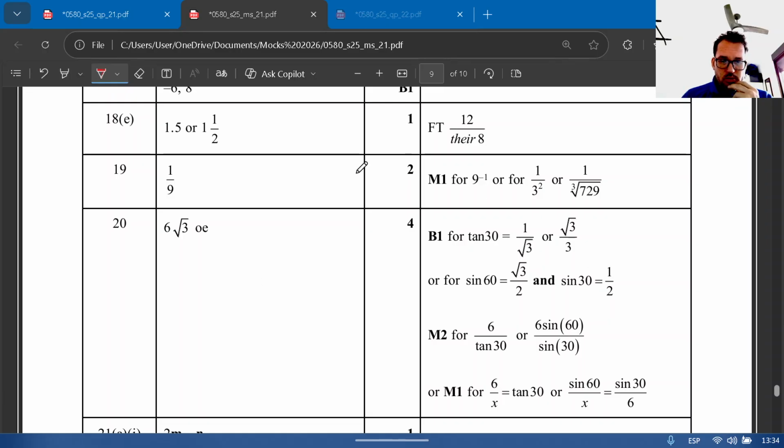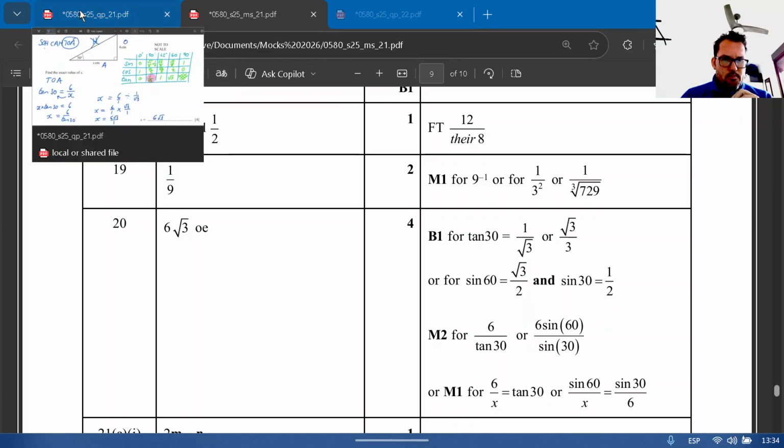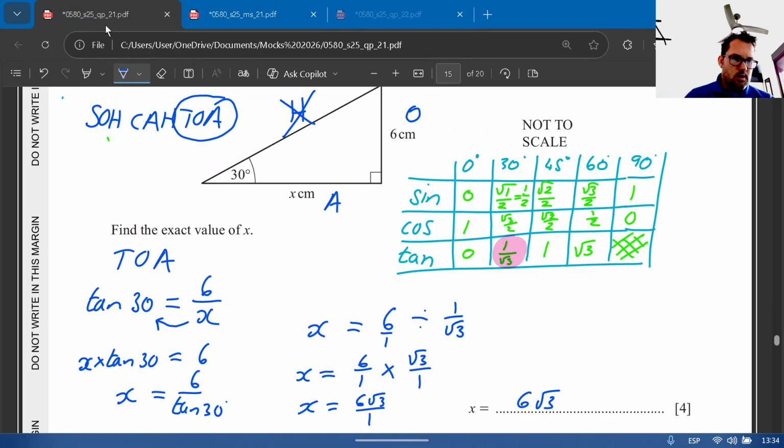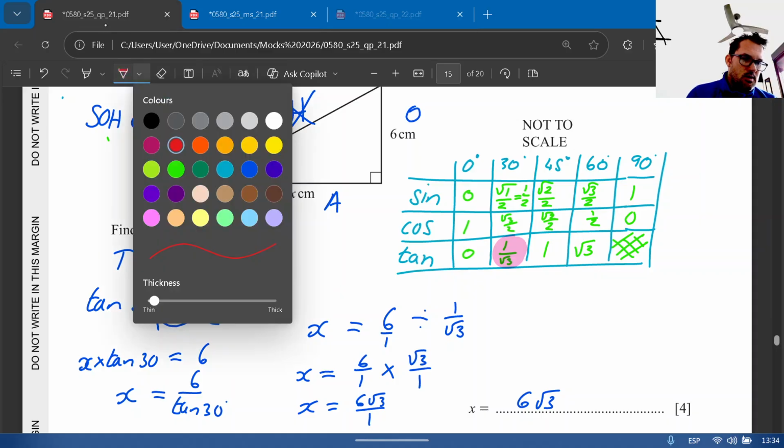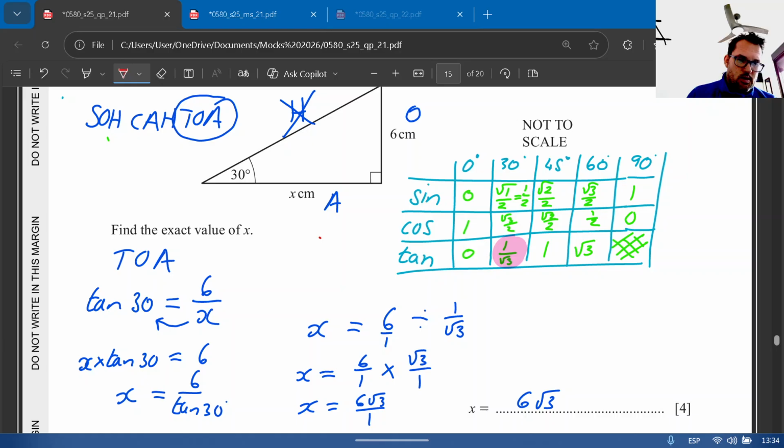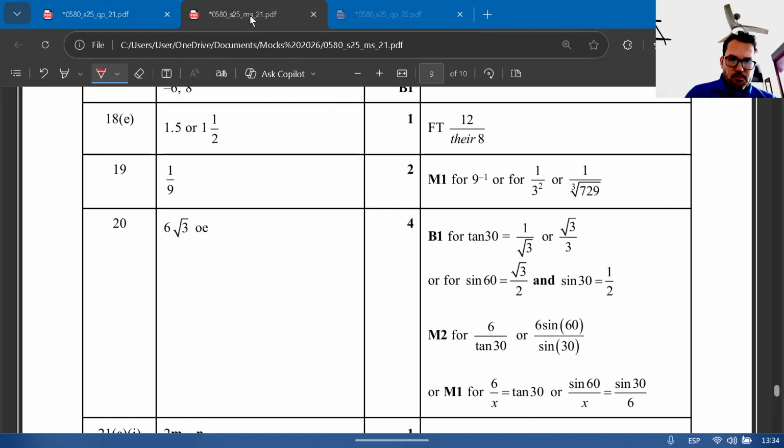So there are different ways of doing this. You can use the sine rule, like they've done there. But I think it's 1 mark for having the 1 over root 3 somewhere. Doesn't matter when you do it. And 1 mark for writing down the ratio correct.